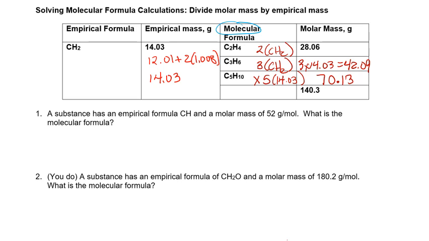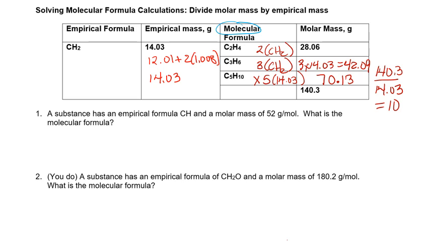Now we're going to go the other way. You're told that the molar mass is 140.3. You need to figure out how many of those CH2 units will fit in. So let's just do that off to the side. We're going to have 140.3 divided by 14.03, and that's equal to 10.